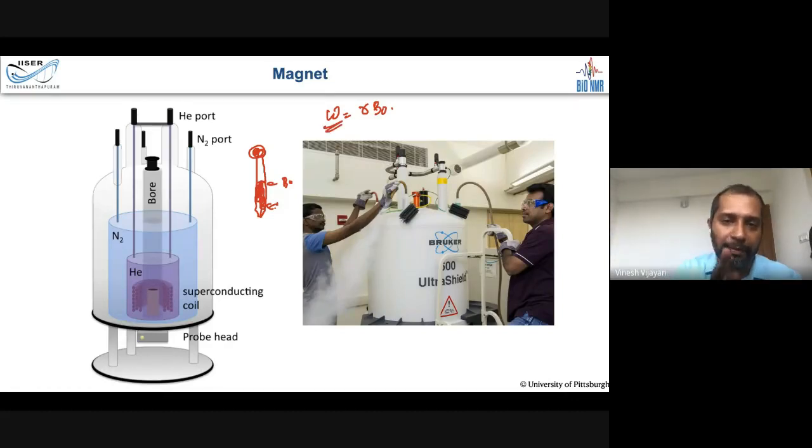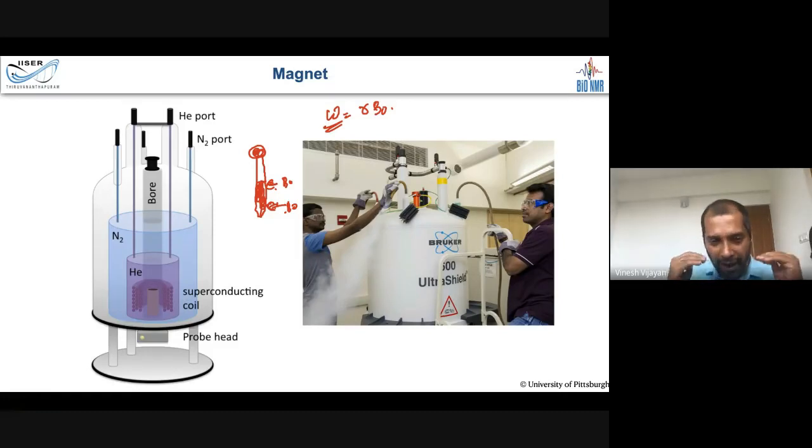So the same spins will show different frequencies if your B0 field is not uniform. If the B0 field is uniform, you will get only a single signal. But if the field experienced at the top of the sample and the field experienced at the bottom of the sample are different, then we will have different frequencies, right? So that is a problem.